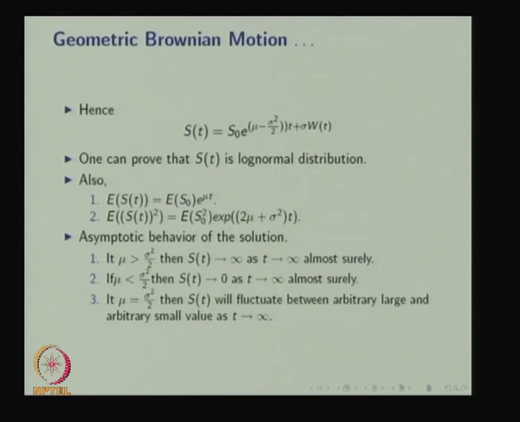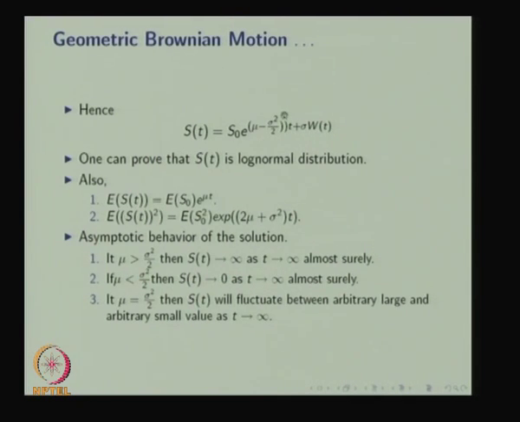One can prove that s of t is a log normal distribution, because wt is a normal distribution with the mean 0 and the variance t, and this is of the form e power mu minus sigma square t plus sigma times wt.